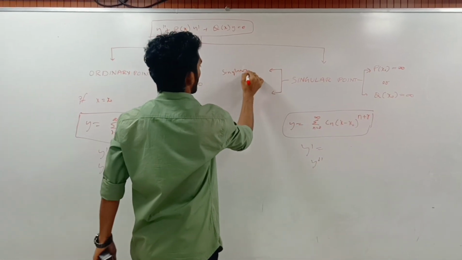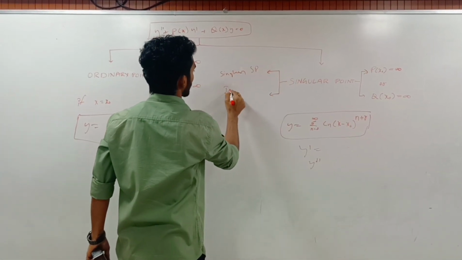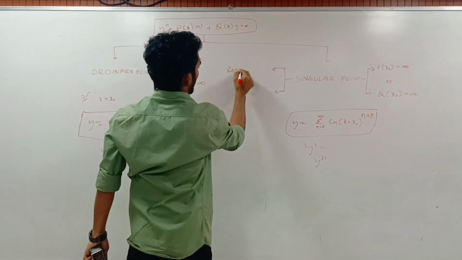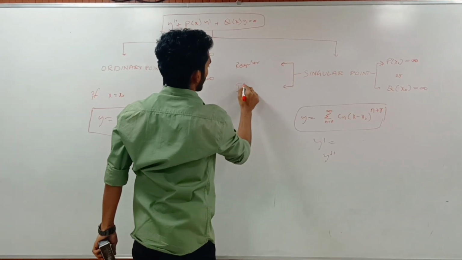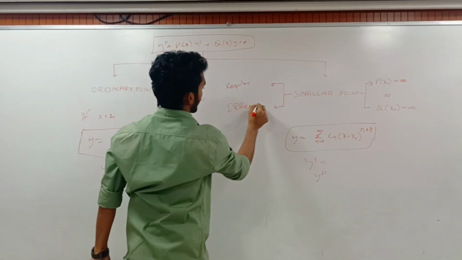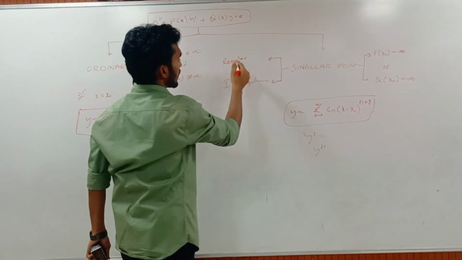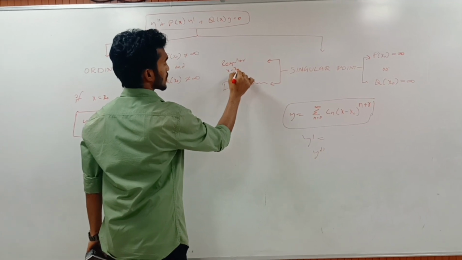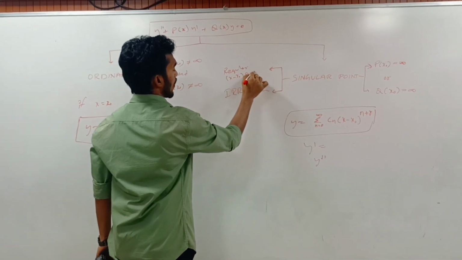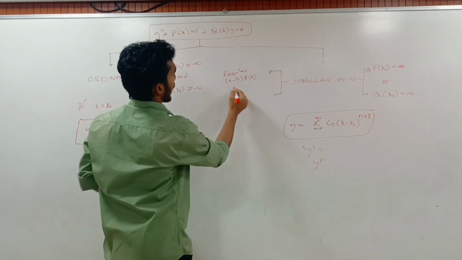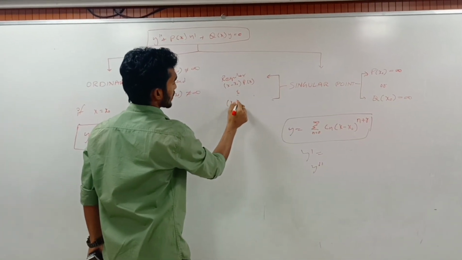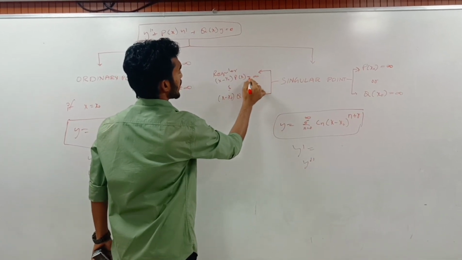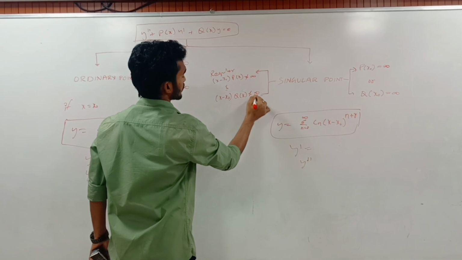Singular points are of two types: regular singular point and irregular singular point. Regular singular points are the points in which (x minus x naught) into p of x and (x minus x naught) whole square into q of x both should be finite values.